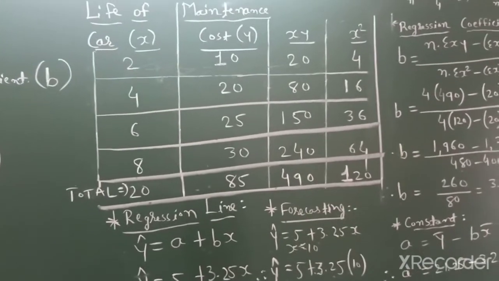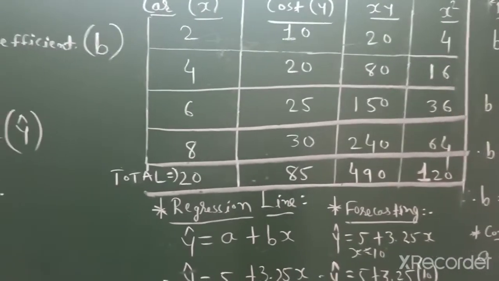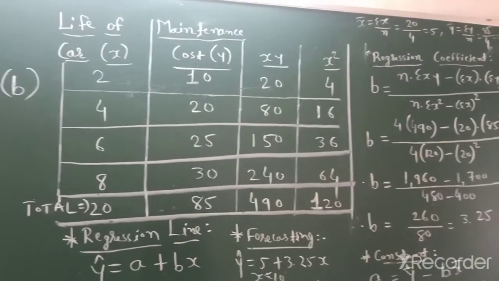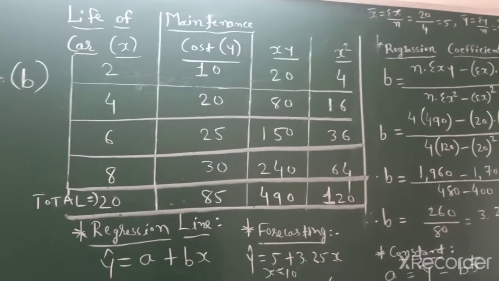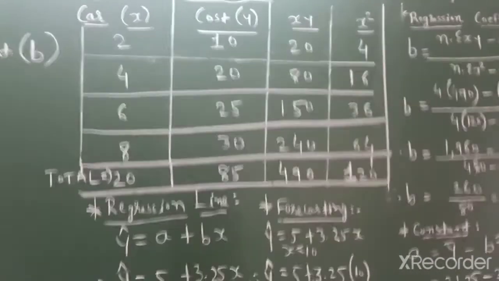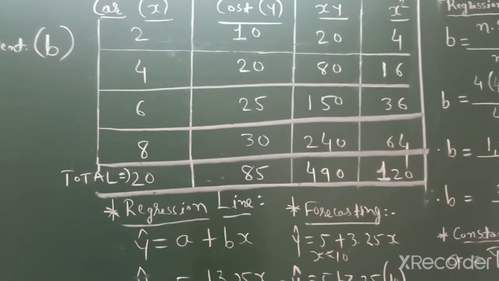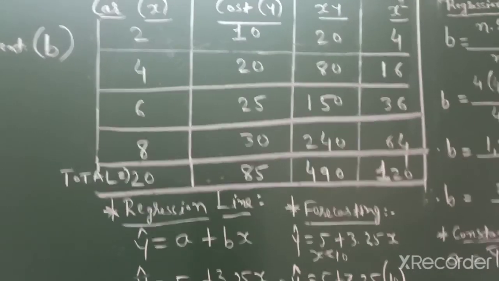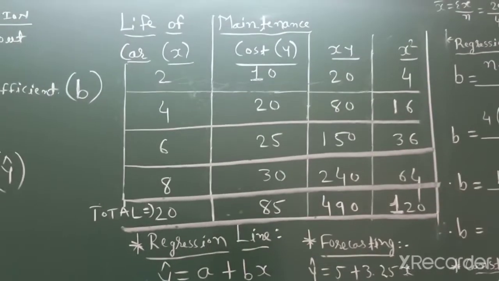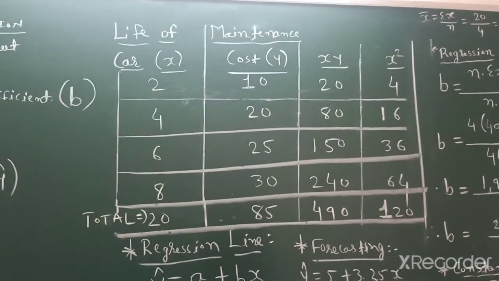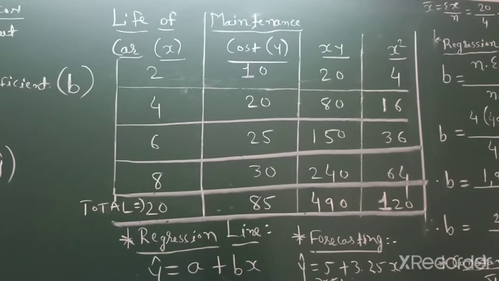In the question sum, they provide us 2 columns, x and y. On the basis of different formulas, we have to decide. Like in this particular sum, the digits are small, so we decide the xy method. For xy method, 2 additional columns we have to prepare, xy and x square.